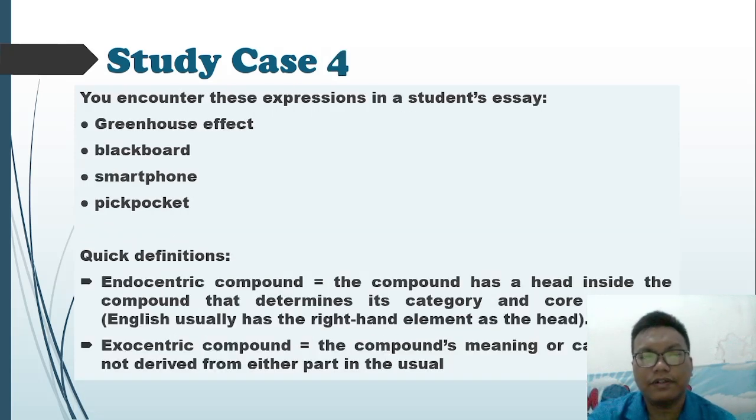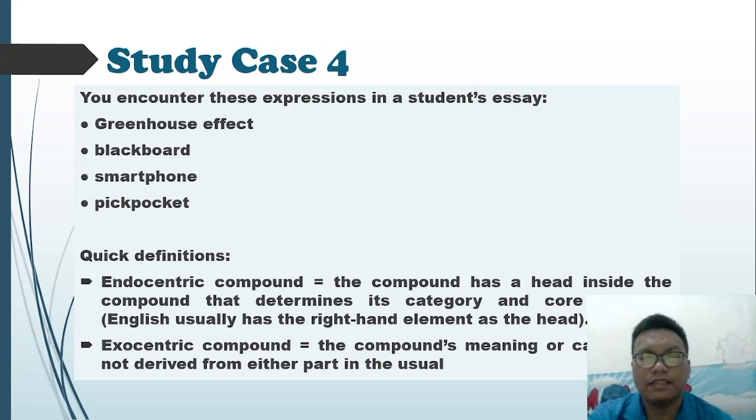And now into the fourth study case. You encounter these expressions in a student essay: greenhouse effect, blackboard, smartphone, and pickpocket. For a quick definition, an endocentric compound is a compound that has a head inside the compound that determines its category and core meaning.